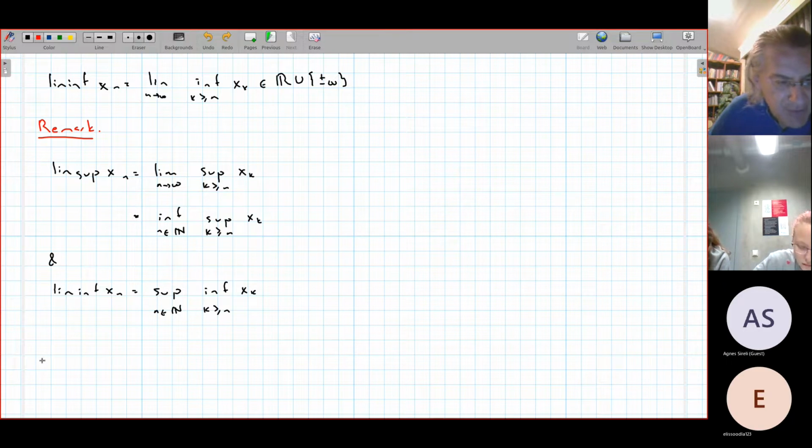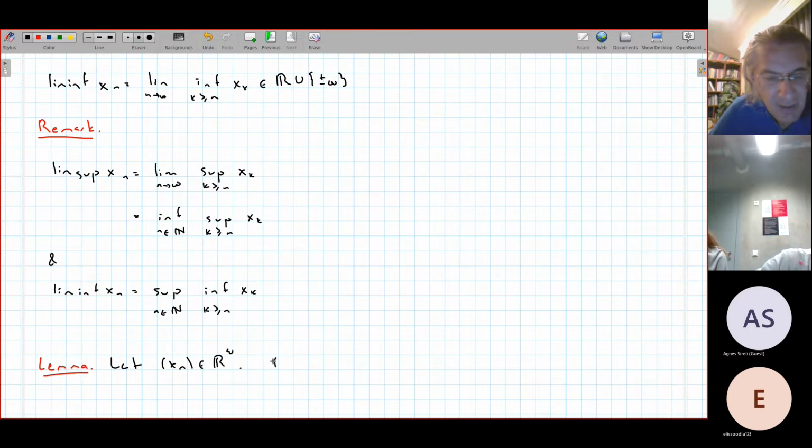And we have an interesting result, which I'm calling a lemma, that says the following: let xn be a sequence in R. Then it turns out that the liminf of xn is less than or equal to limsup of xn.